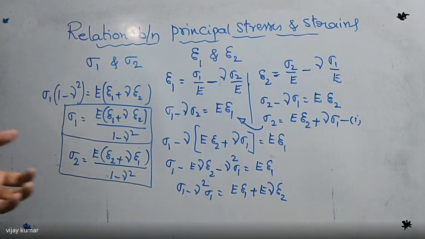Now, I want to find epsilon 1 and epsilon 2, that is the principal strains. What I am saying is, principal strains are measured by strain gauges. So how many gauges are required here? Three gauges are required on three planes.